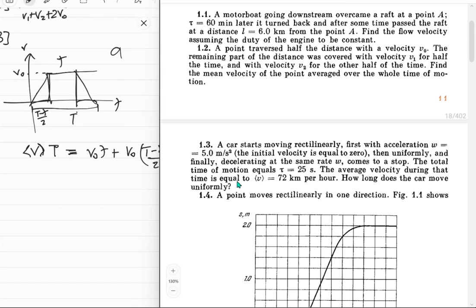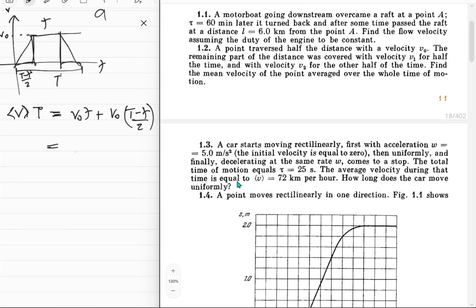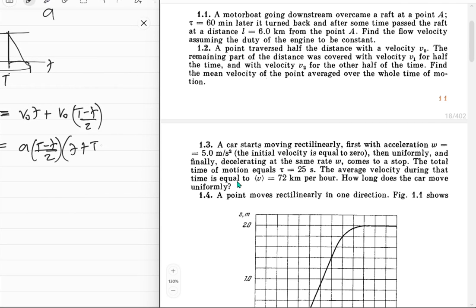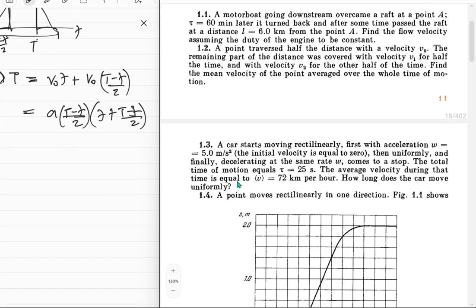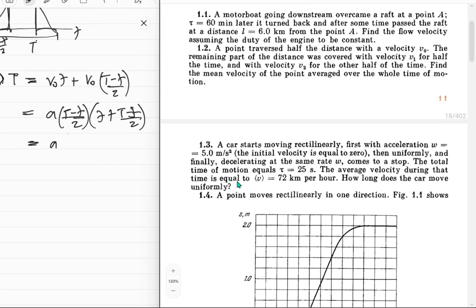But the good thing is that we can write v naught as this time times the acceleration. So this will just be a into T minus t upon 2, into t plus capital T minus small t upon 2, and that's going to be a into capital T plus small t upon 2. So this will be capital T square minus small t square, upon 2.